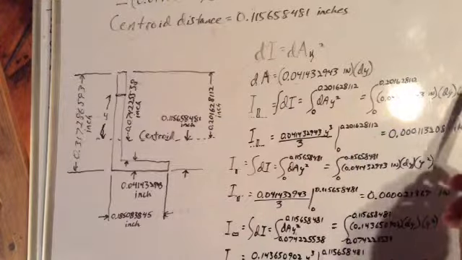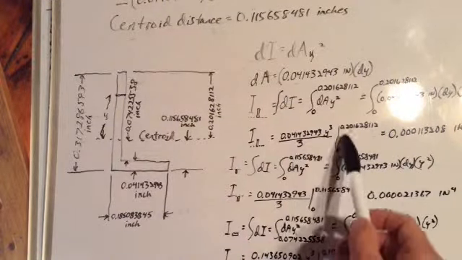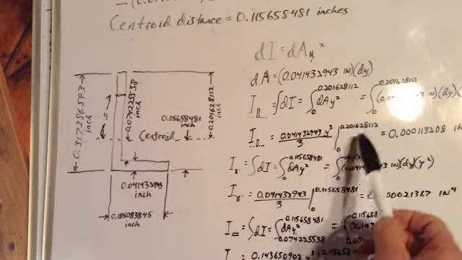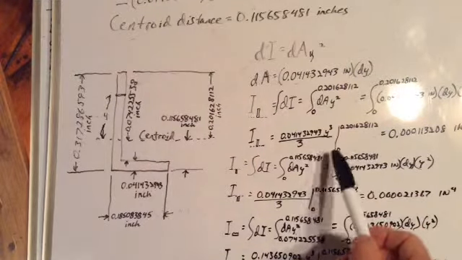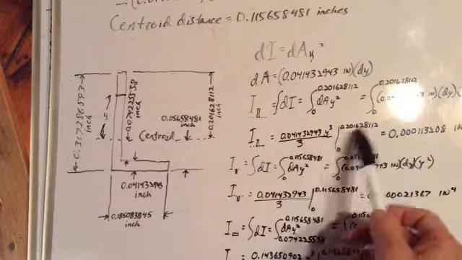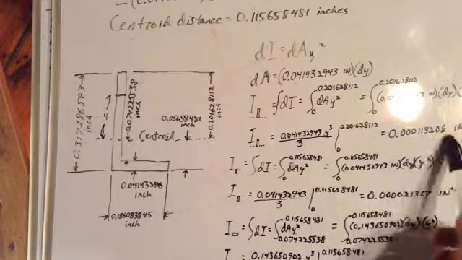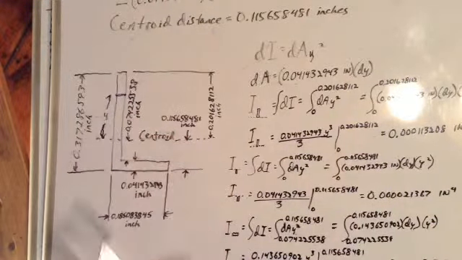So instead of writing y squared, we have y cubed over 3 this time, with our same limits of integration from 0 to 0.2016 inches. So we take that number, plug it in for y, multiply it by itself, then multiply it by itself again to get that number cubed, multiply it by that, divide it by 3, and we get that number. So that's the contribution of this part of the L.